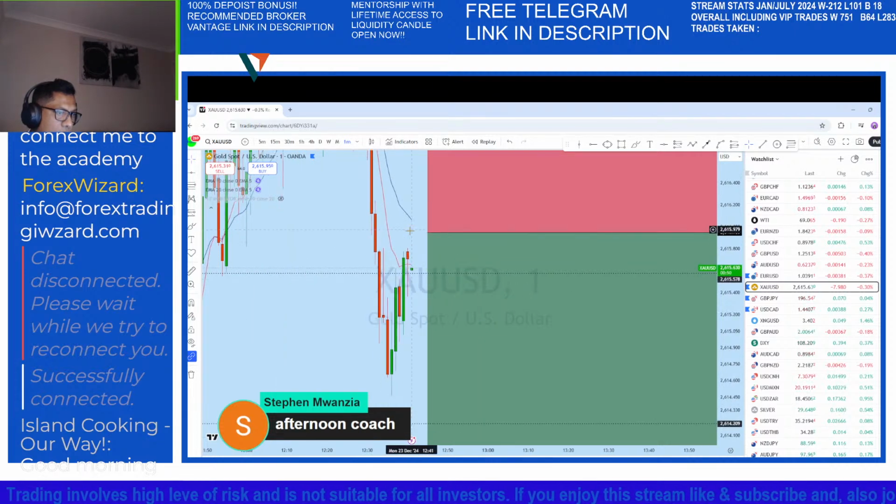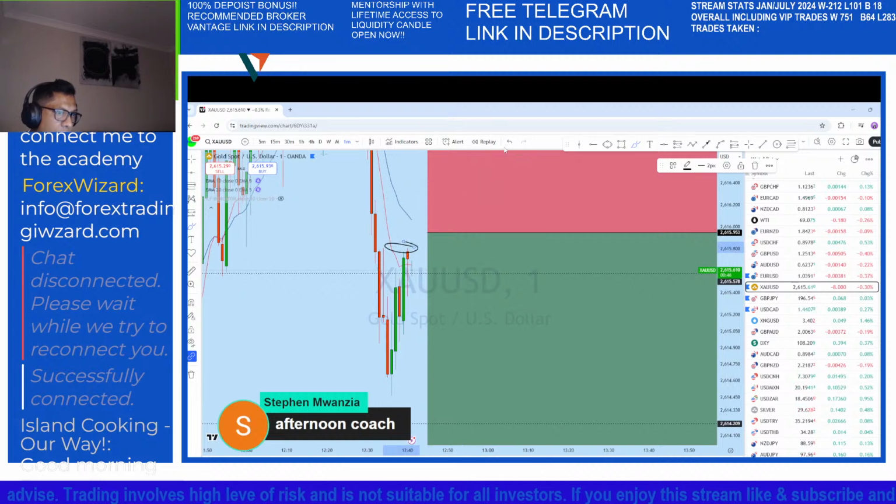So there is a doji, and if you guys look at it, you can see this is a high liquidity zone. From that high liquidity zone, expecting it to come back in that direction.